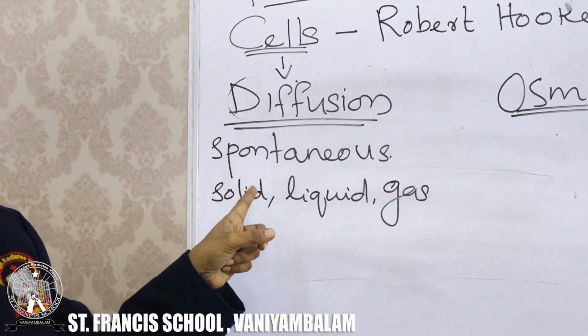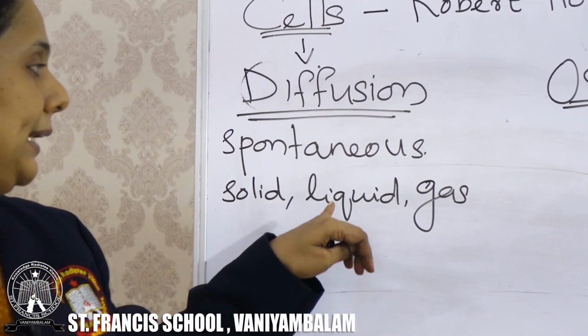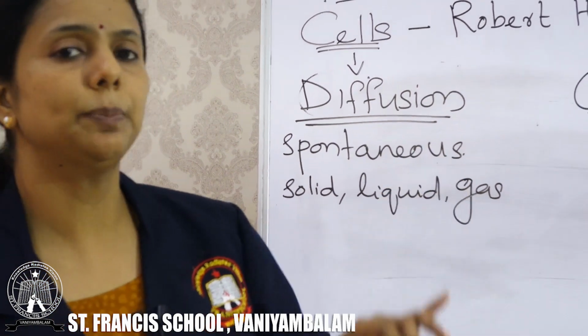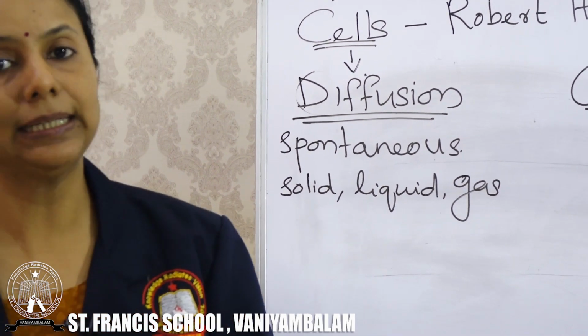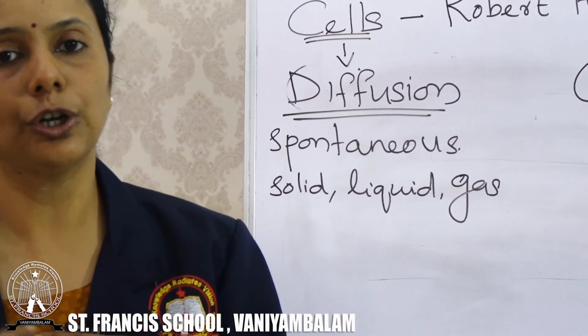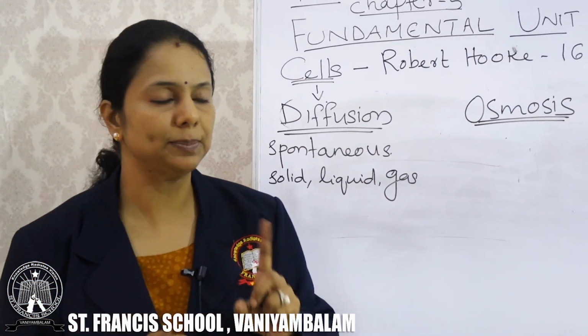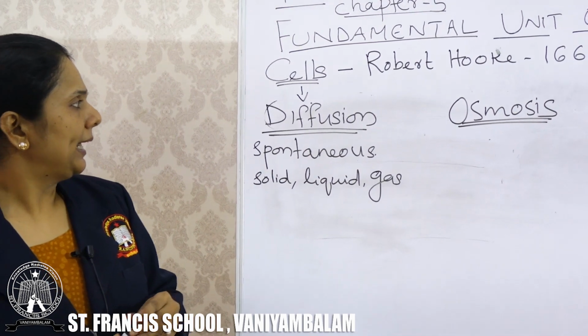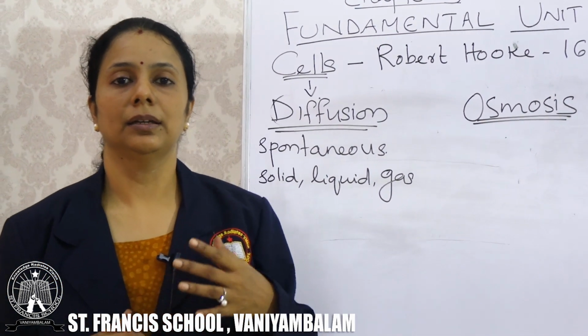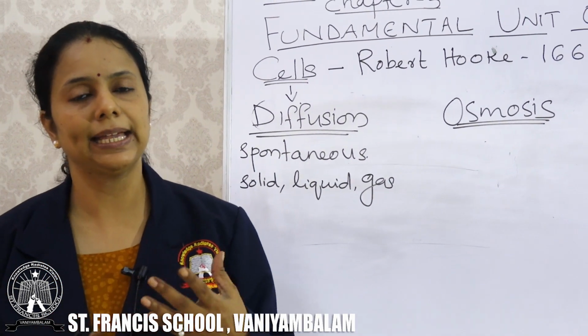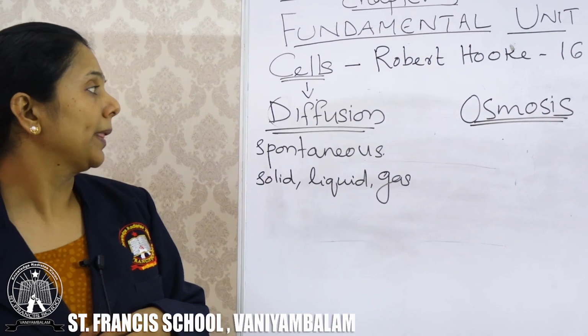So in diffusion, solid particles, liquid particles and gas particles or molecules can be transferred in and out of the cell. That is diffusion, spontaneous movement of substances. And there are many examples we can tell for diffusion.